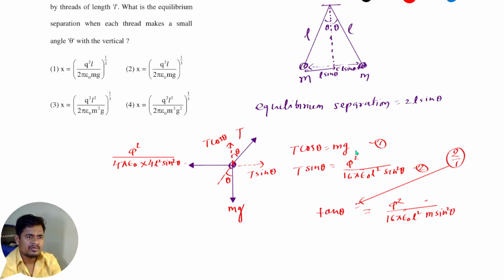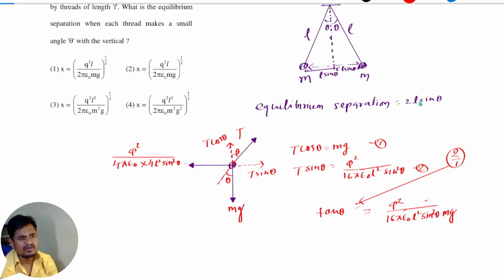So we have to calculate here this length 2L sin theta, and tan theta we have got this value.